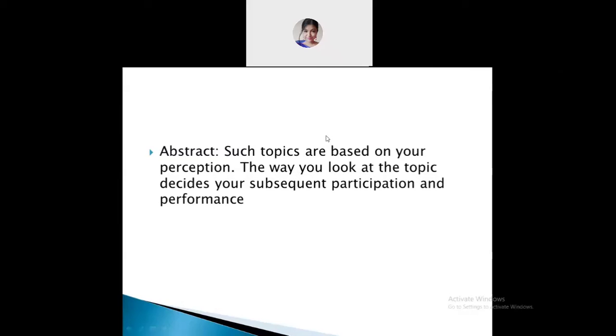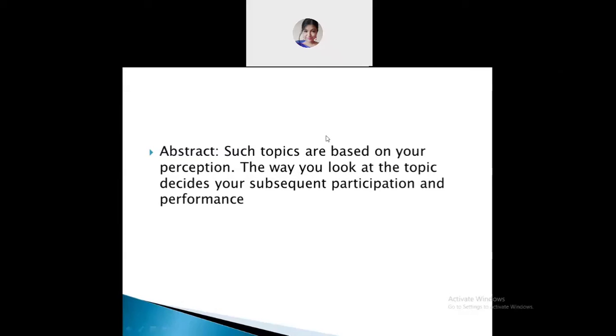Abstract topics are a bit difficult to handle because your discussion is totally based on imagination, on your perception. That is why these topics are a bit difficult to handle. But if you are a person who is creative, then you will definitely be able to discuss on these kind of topics as well.